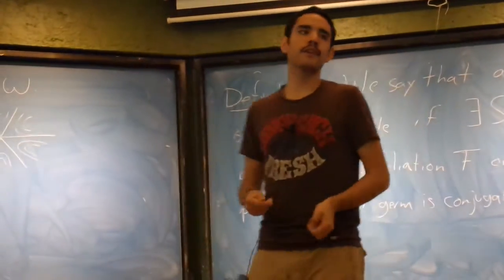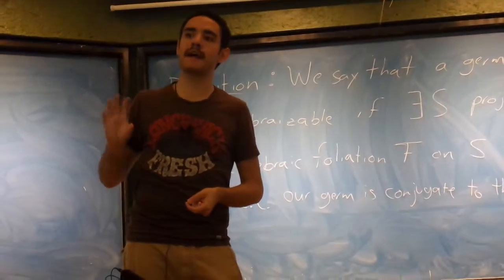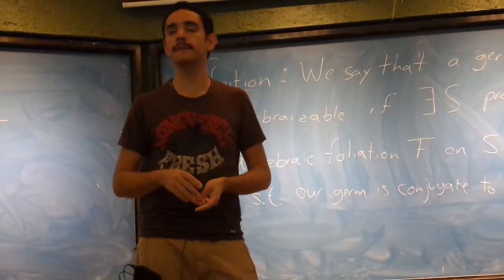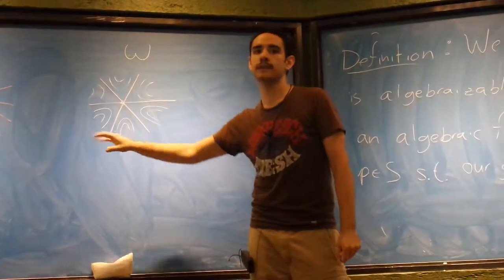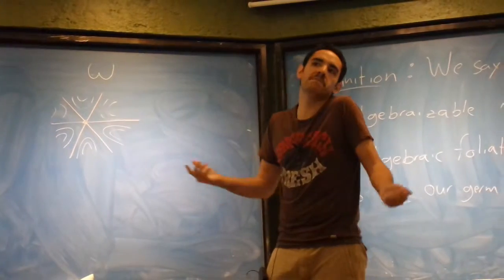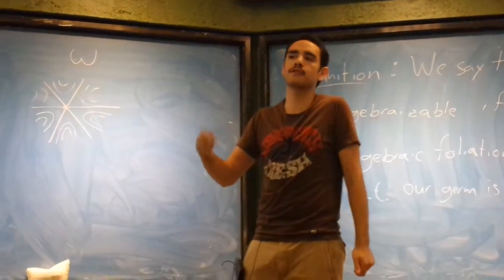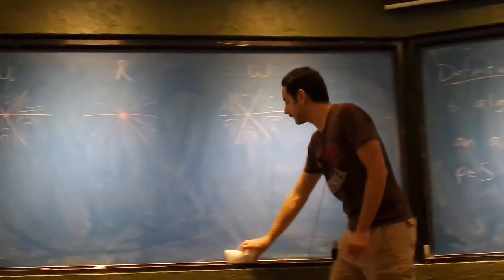So we have to deal somehow with the freedom we have to make changes of coordinates, right? Because remember that in my drawing there was this coordinate chart from the algebraic surface to my given foliation. So that chart is arbitrary. I can choose any other coordinates. So that leads to the following definition.